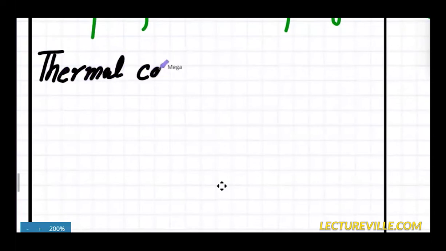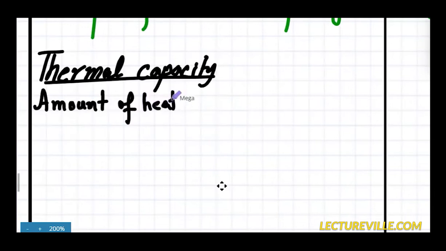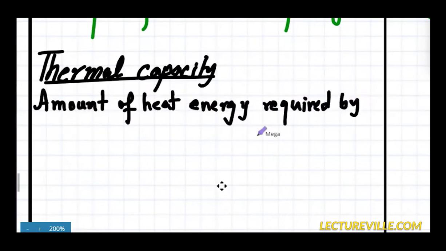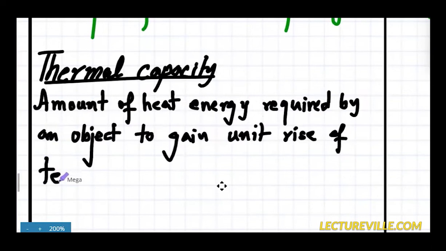Thermal capacity. Amount of heat energy required by an object to gain unit rise of temperature.